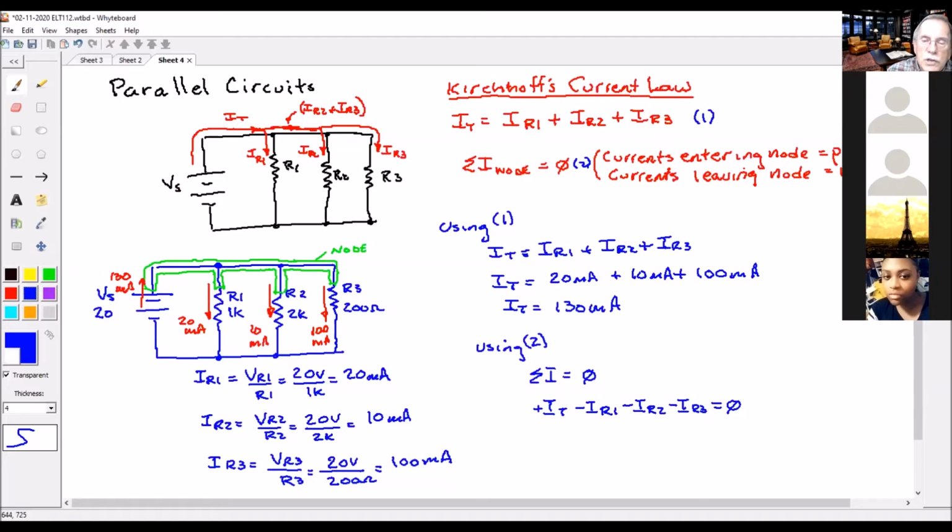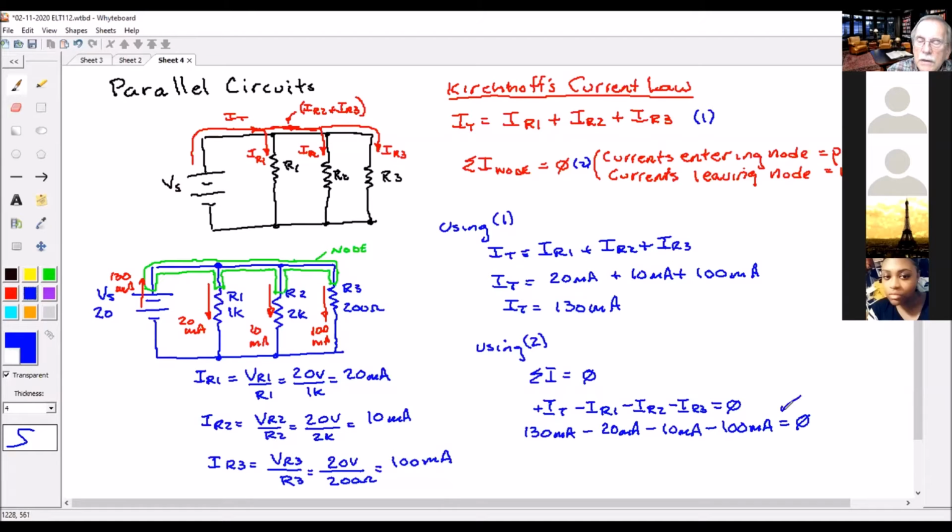So as a double check, I have 130 milliamps minus 20 milliamps minus 10 milliamps minus 100 milliamps. And all of that equals 0.